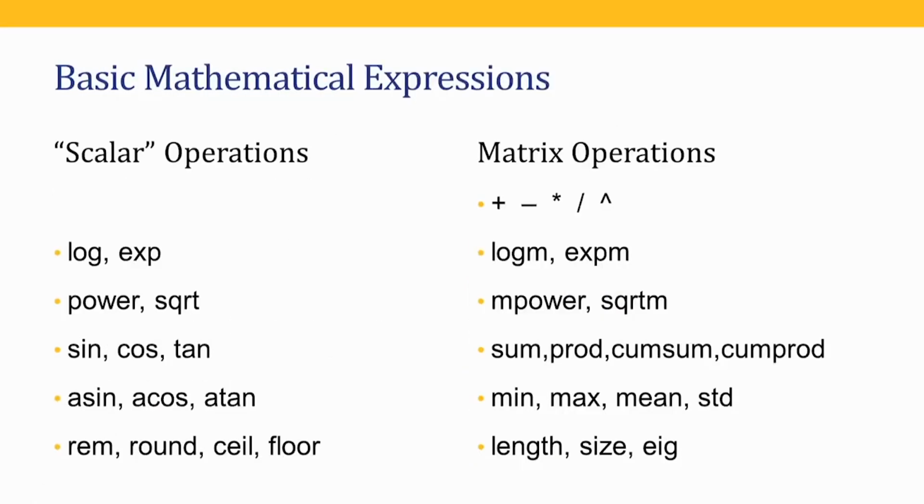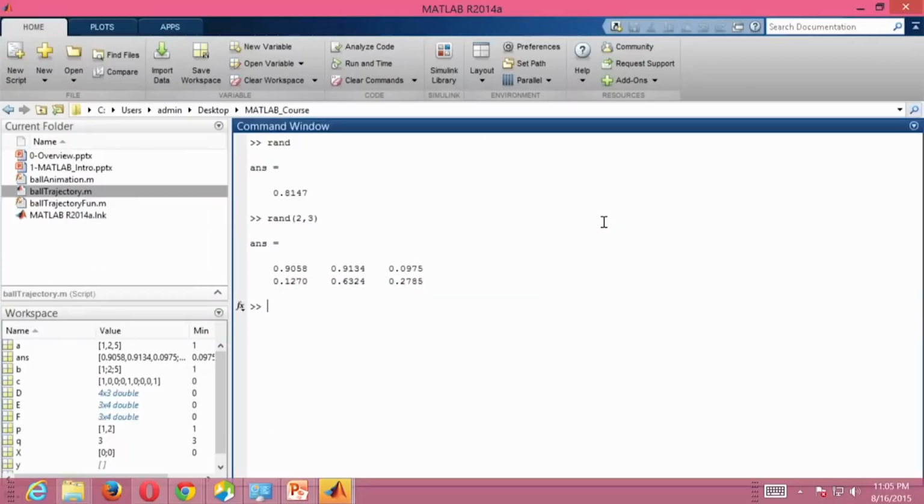functions. We also saw in the previous lecture some of the basic mathematical expressions, the scalar expressions where logarithm, exponent, power, sine, cos and so on. There are matrix operations, plus, minus, multiplication, division. These are not scalar operations, but matrix operations. So, what I mean by that is that we need our 2 vectors to be commutative.